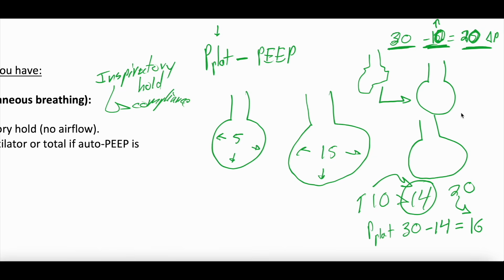And that plateau pressure is probably 36 now. So if I do a driving pressure now, 36 minus 14, that driving pressure is now 22. It got worse. It went up. And that tells me that that PEEP change is just over-distending alveoli. It's causing more barotrauma. It was the wrong thing to do, if that makes sense. We'll come back to it.